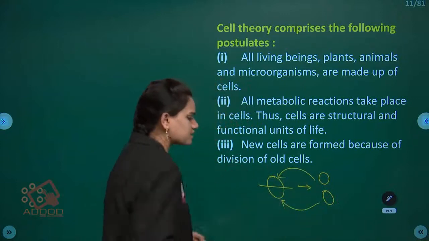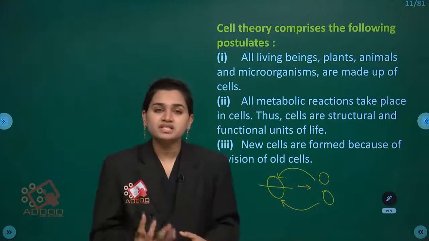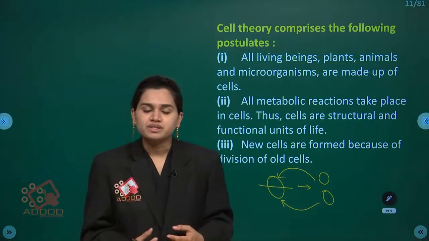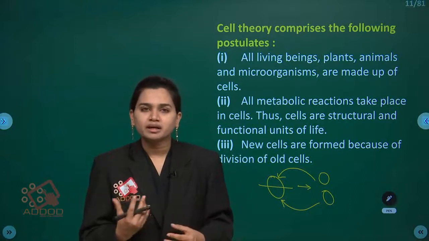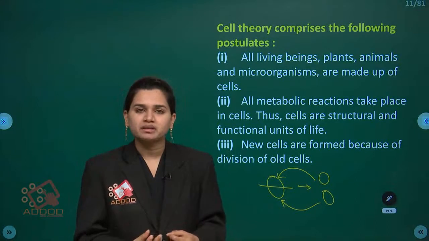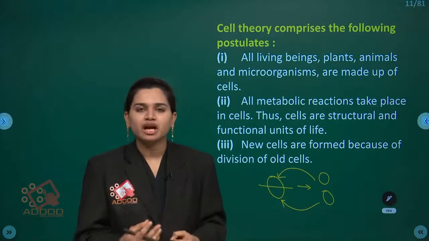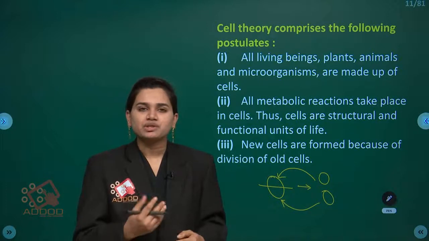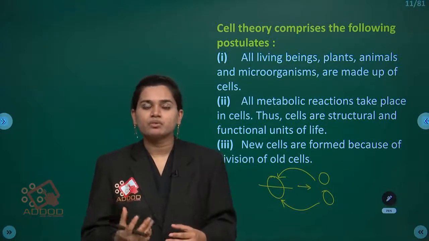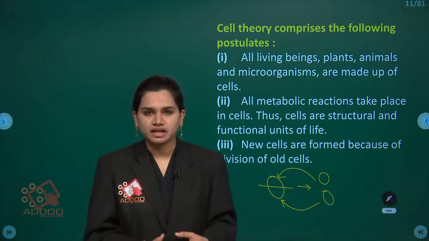So the first statement of cell theory is that all living organisms, plants, animals and microorganisms, are made up of cells. The second statement is that the cell is the structural and functional unit of life. Structural because it makes up the whole organism, and functional because most of the reactions take place inside the cell.